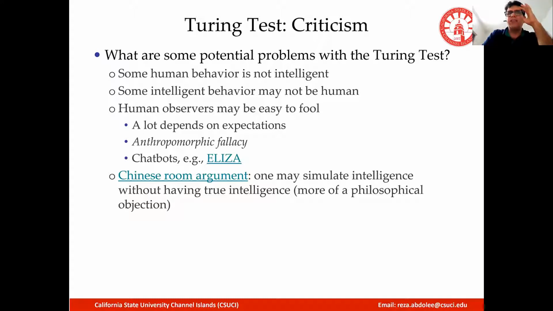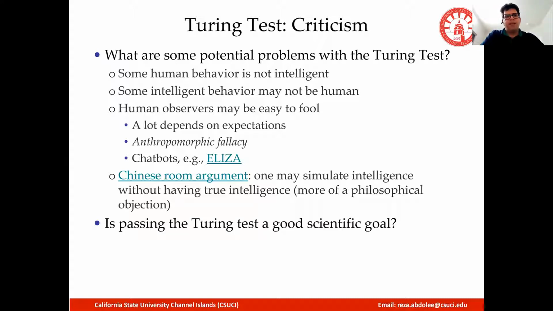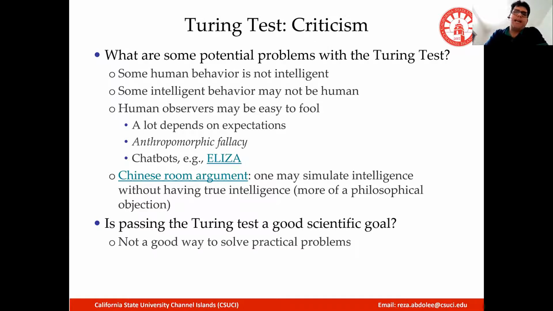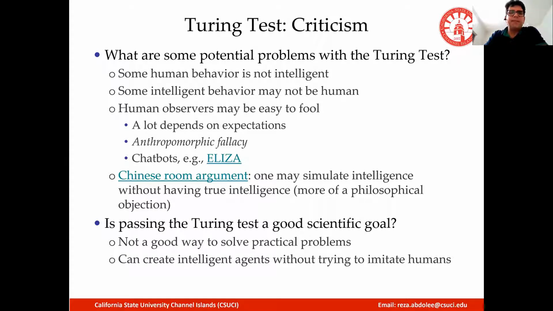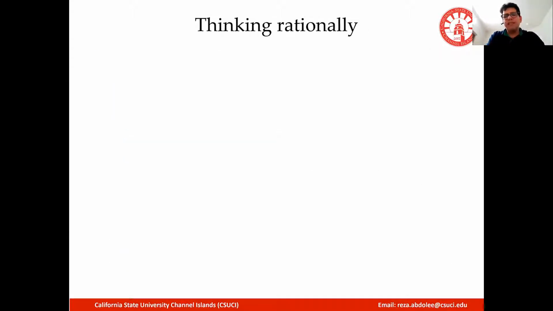Therefore, they argue that if you make a machine that acts humanly, it does not necessarily have intelligence and might not be a good way to solve practical problems. And as we said, we can create an intelligent machine without trying to imitate humans.